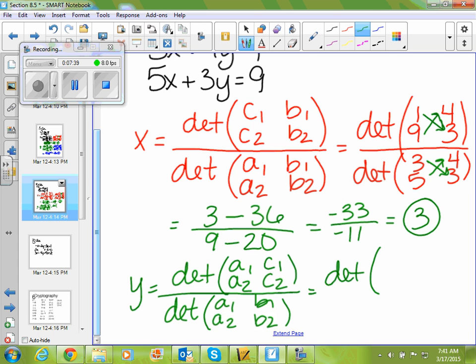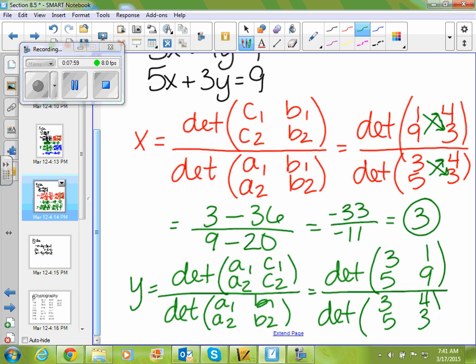Okay, and so I know that my a1 is 3, my c1 is 1, my a2 is 5, my c2 is 9. Divided by the determinant of my leading coefficients, which are 3, 4, 5, and 3.